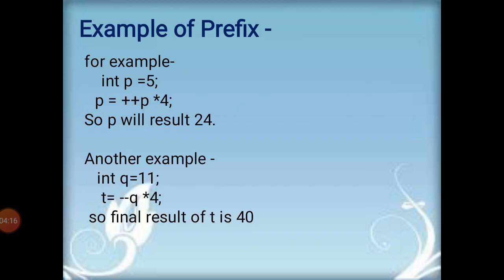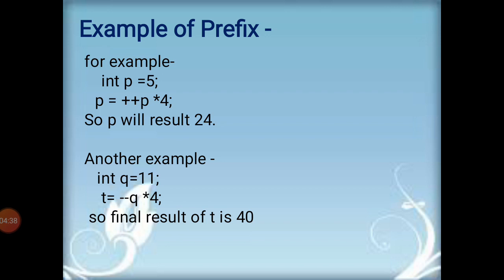For example, int p is equal to 5. Initially p is equal to 5. Then I have taken the expression p is equal to plus plus p into 4. Here it first increases the value of p by 1 before the operation.